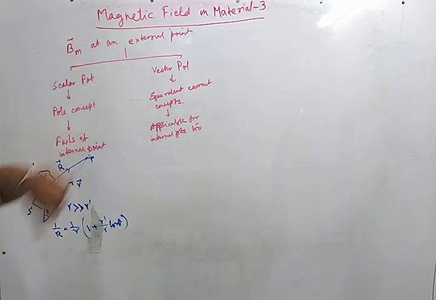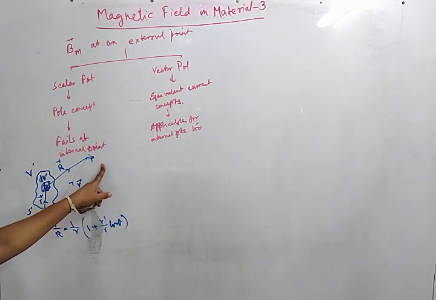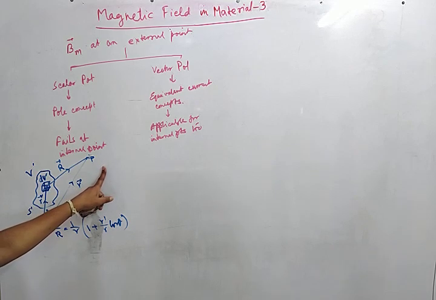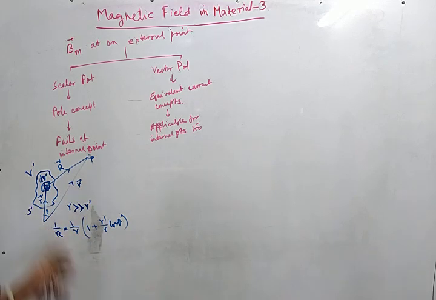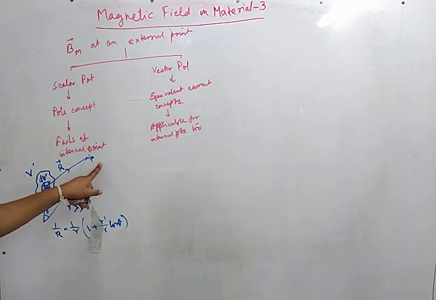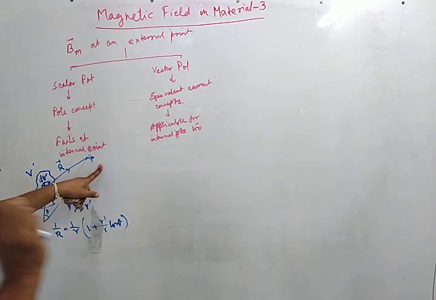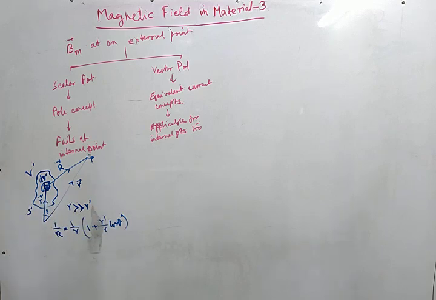Now come to the external point. Our assumption is that we have a space in which a limited portion has been occupied by the magnetic material. There may be some conductors too, but the field point is in vacuum. So we designate a point within the vacuum where we want to calculate the field.